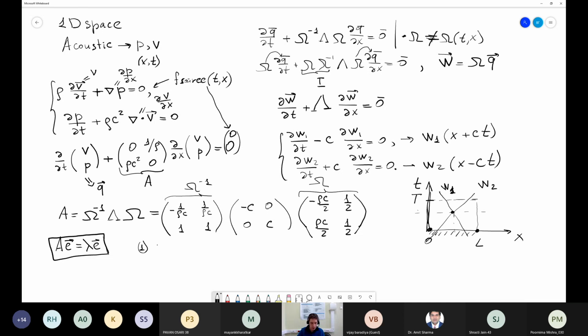First, we have to add the initial condition. What does it mean? Some function of w1 as a function of x at the time moment 0 over the whole domain x, and the same for w2.